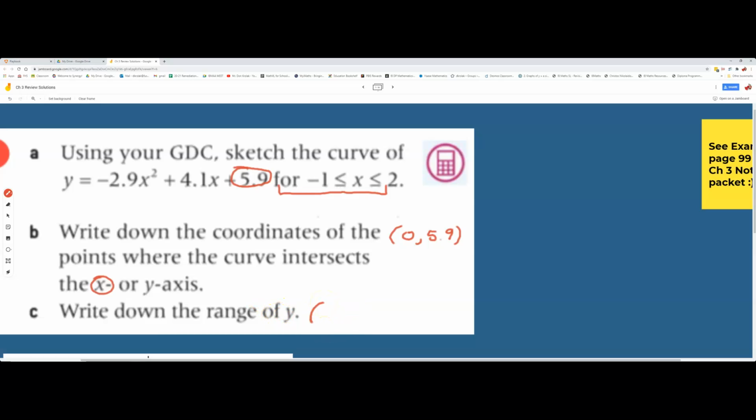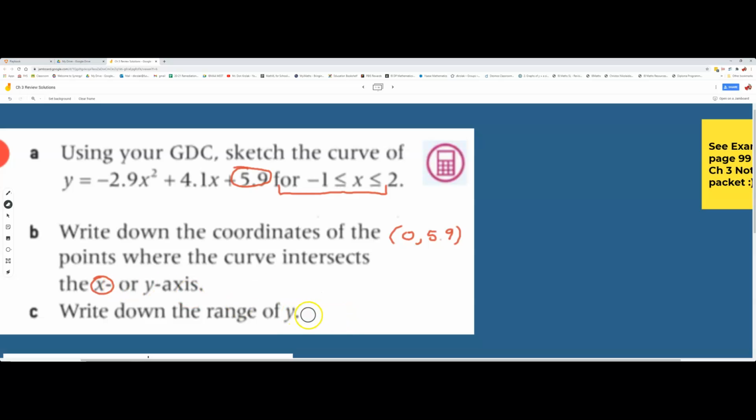Okay, so when you do range, you're doing from the bottom up. So this would be -infinity up to and including, nope, that's my y-intercept. Sorry, that is incorrect. I got to get the vertex in order to do that. So that is a mistake.